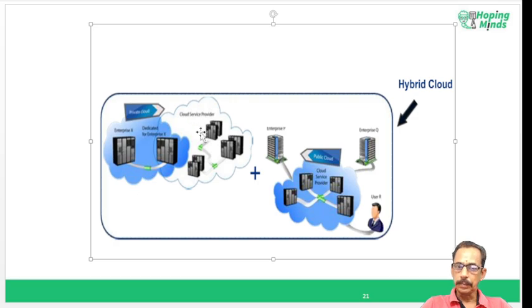It can contact any public provider and say, okay, I have my own data center, but I require this additional infrastructure. It can add more infrastructure from public to its own private data center. So the combination of private and public becomes a hybrid cloud.